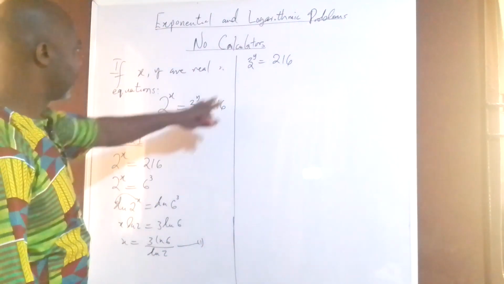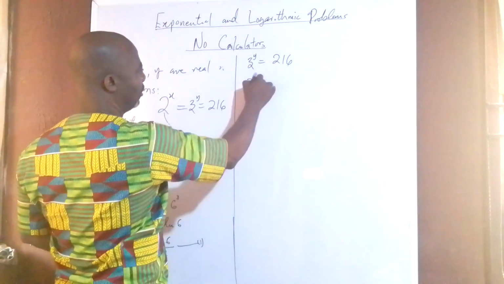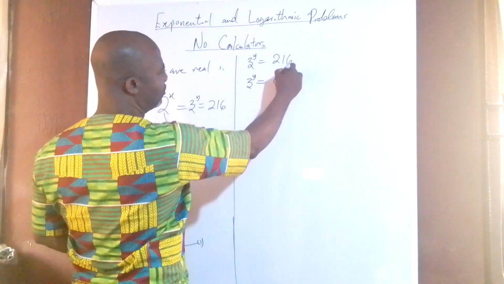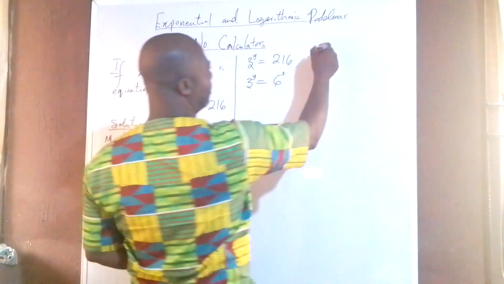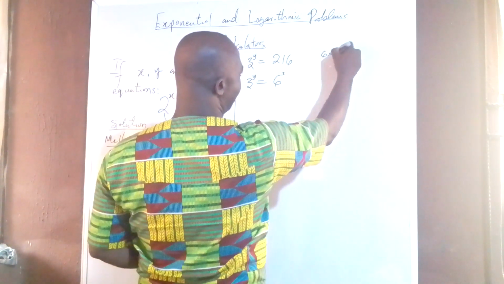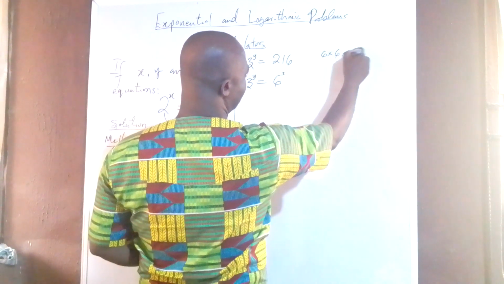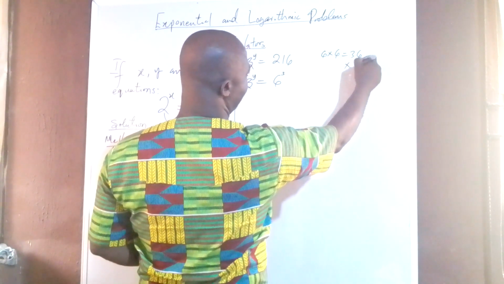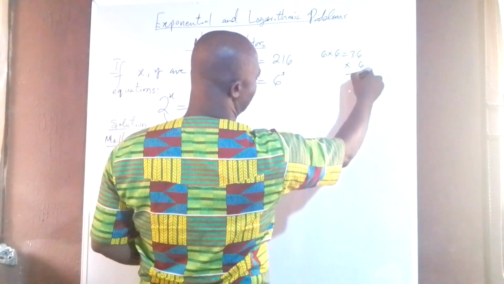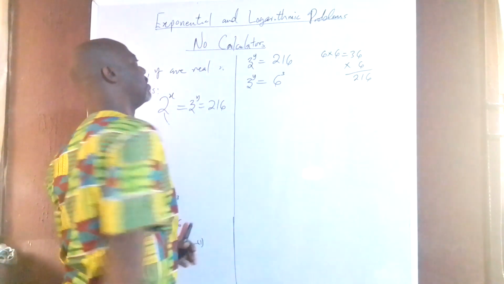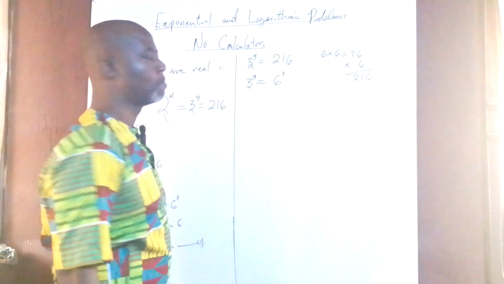And so it's going to be 3 to the power of y equals 6 to the power of 3, because we know that 6 multiplied by 6 will give us 36, and then multiplied by 6 again gives us 216. So it's going to be 6 to the power of 3.